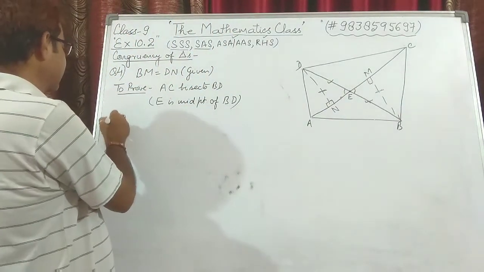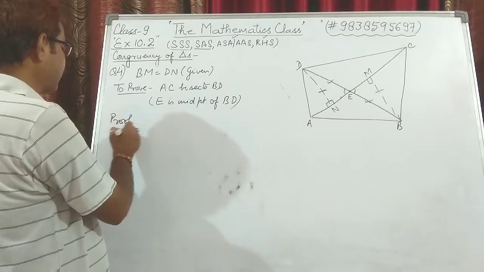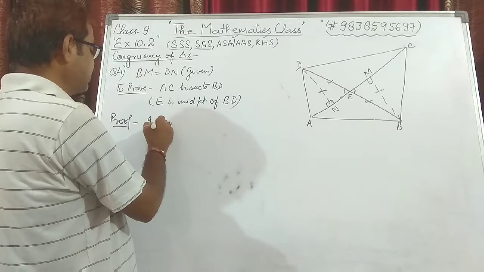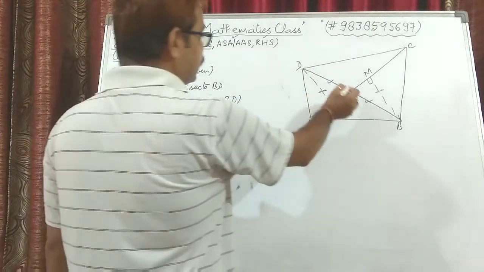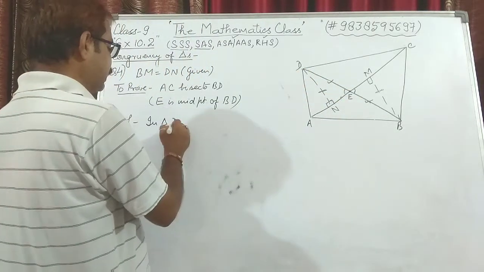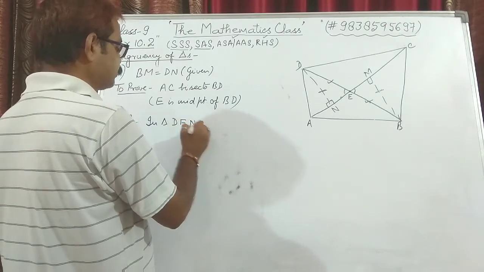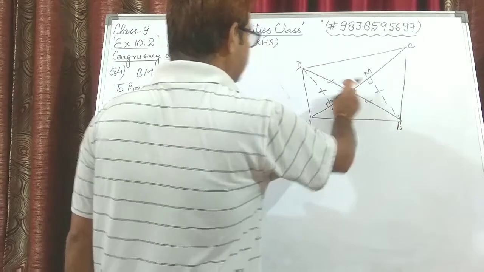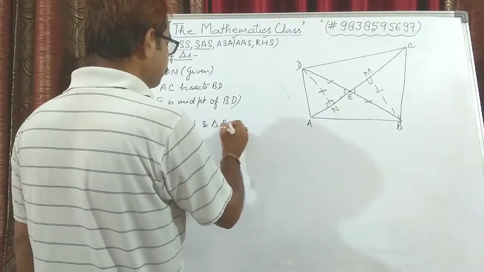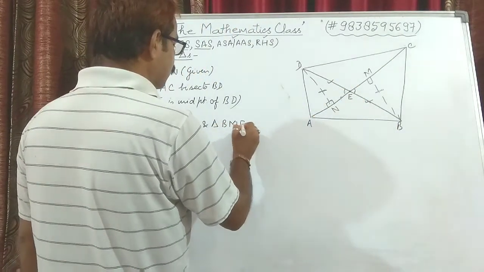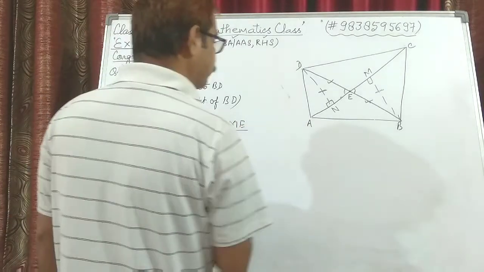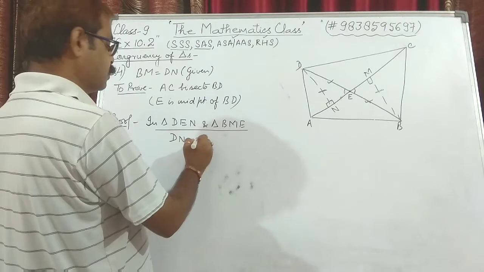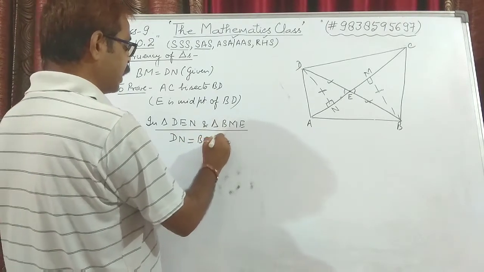First of all we are writing the proof, and in the proof we write the triangles which we are considering. So in triangle DEN and triangle BME, what do we find? First of all, we can say that DN is equal to BM. Why?